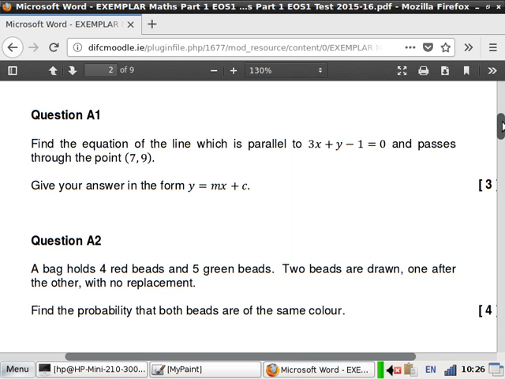Okay, so that's now 3 minutes. So I hope that was enough time, because this is what you should be aiming for in the exam.